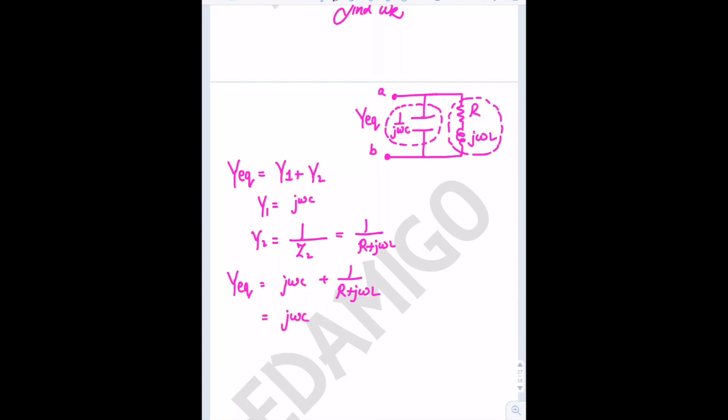So for the second term, I multiply and divide by R minus j omega L, so R plus j omega L multiplied by R minus j omega L. So the numerator is R minus j omega L, and the denominator will be R square plus omega square L square.